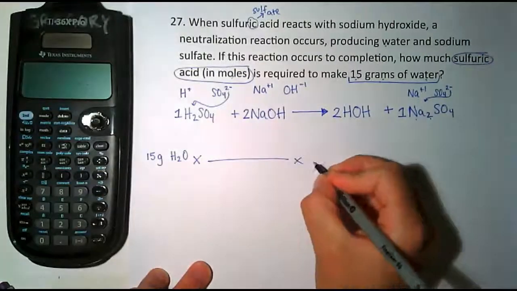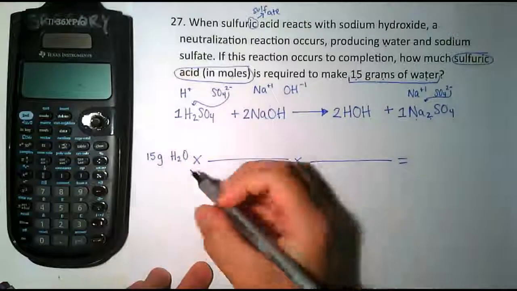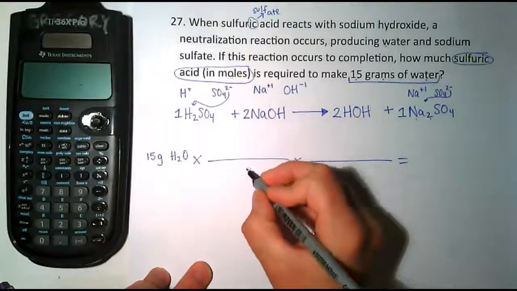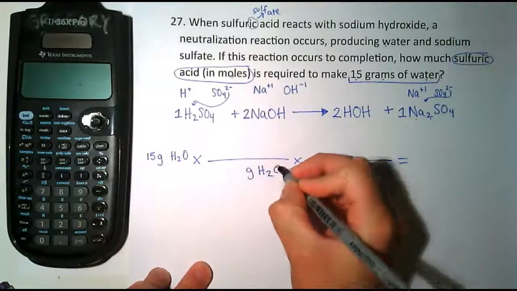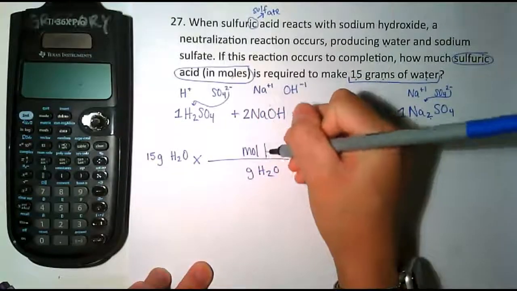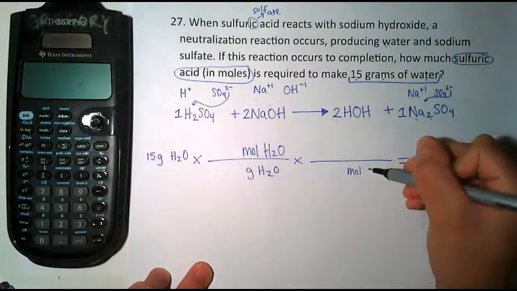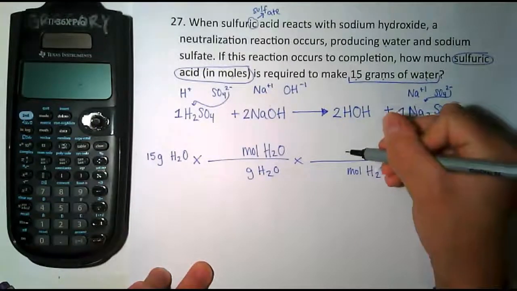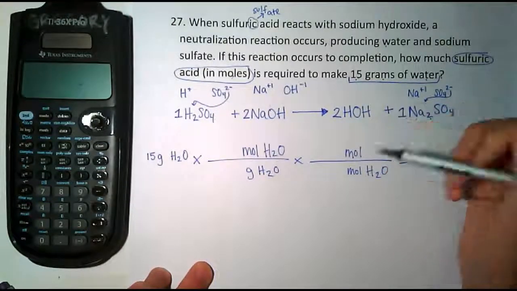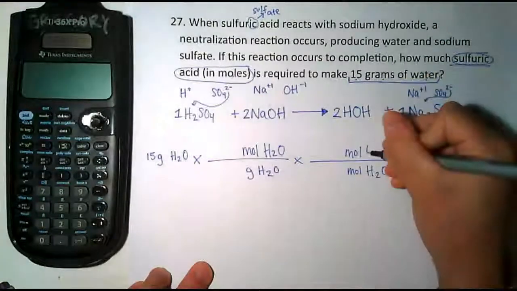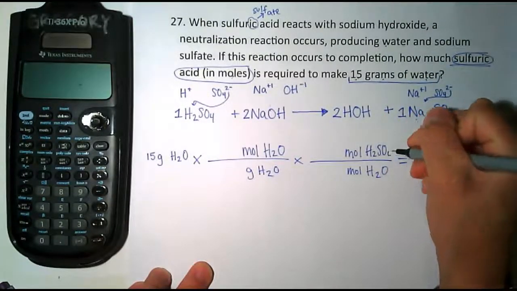Our first conversion factor is going to have grams of water on bottom, and we're going to convert to moles of water. And then our second conversion factor is going to have moles of water on bottom, and we're going to convert to moles of our new thing. So moles of sulfuric acid, of H2SO4.